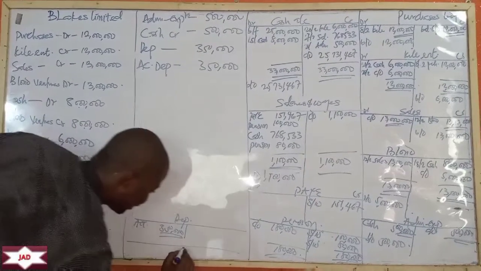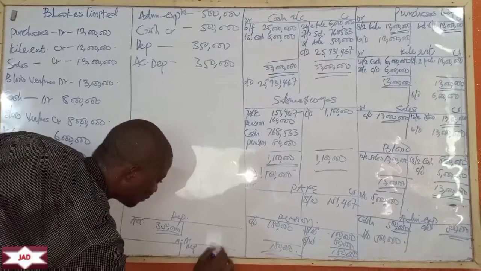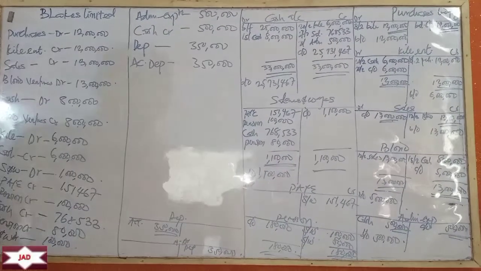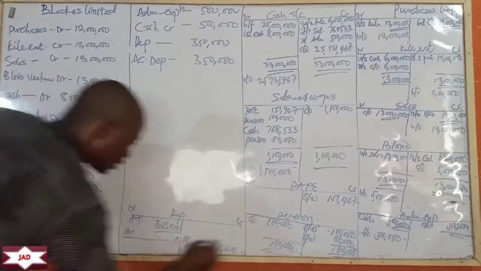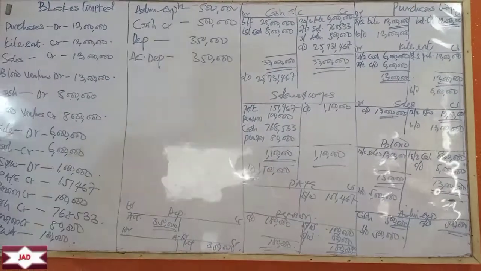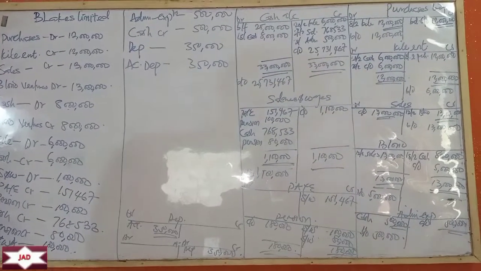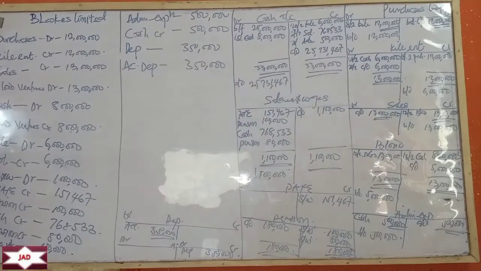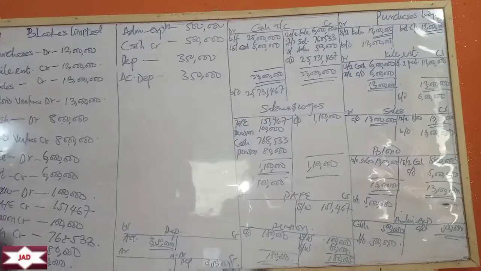So then here we have accumulated depreciation. So we have depreciation 250,000. So this is the debit. This is the what? Credit. Okay. So with this, we can now prepare the trial balance before we prepare the income statement. Okay. So I can take all this off.